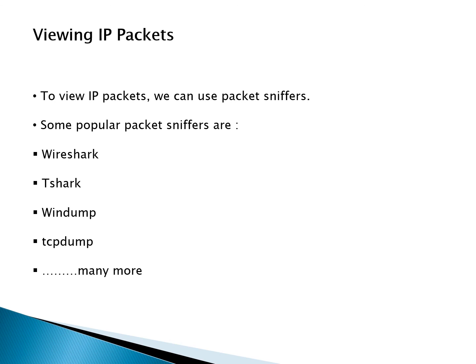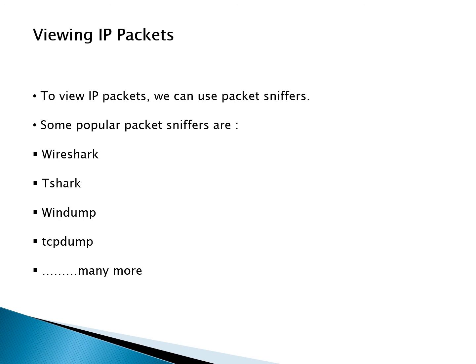Let us talk about viewing IP packets. There are a number of software tools called packet sniffers to view these IP packets. Any kind of packets, not only IP packets, that are flowing through the network, you can view using packet sniffers. Install these packet sniffers on your computer or server, anywhere in the network.